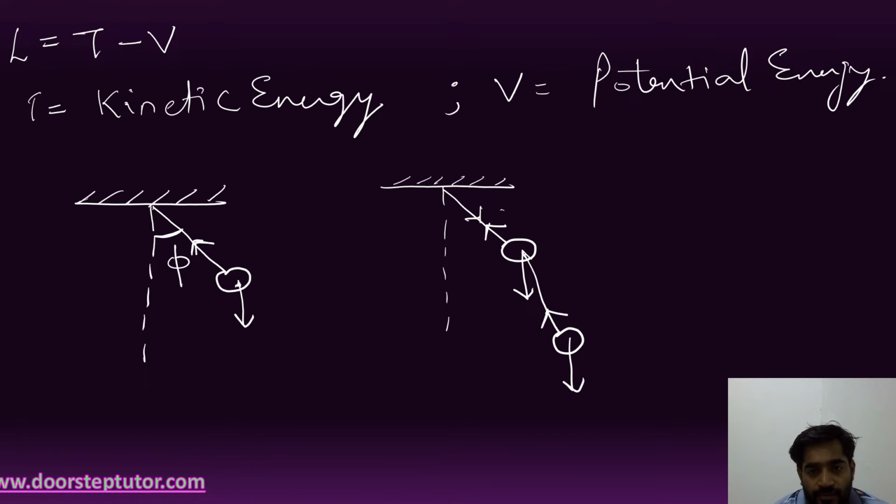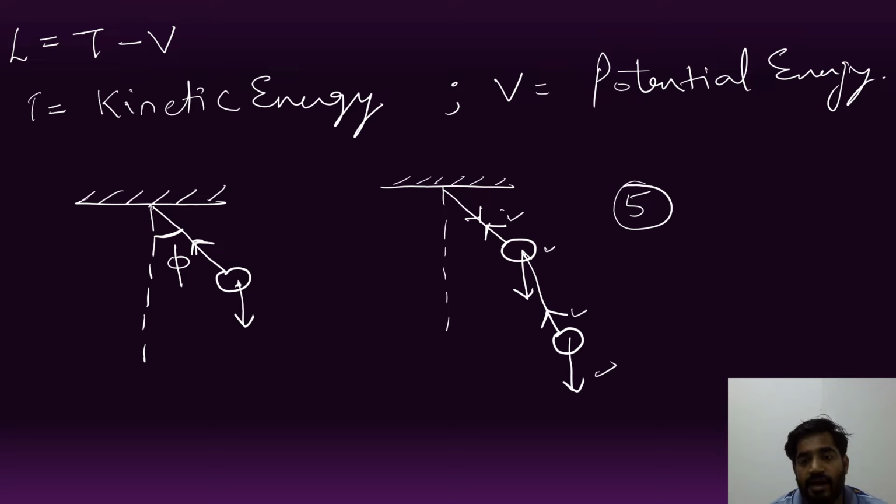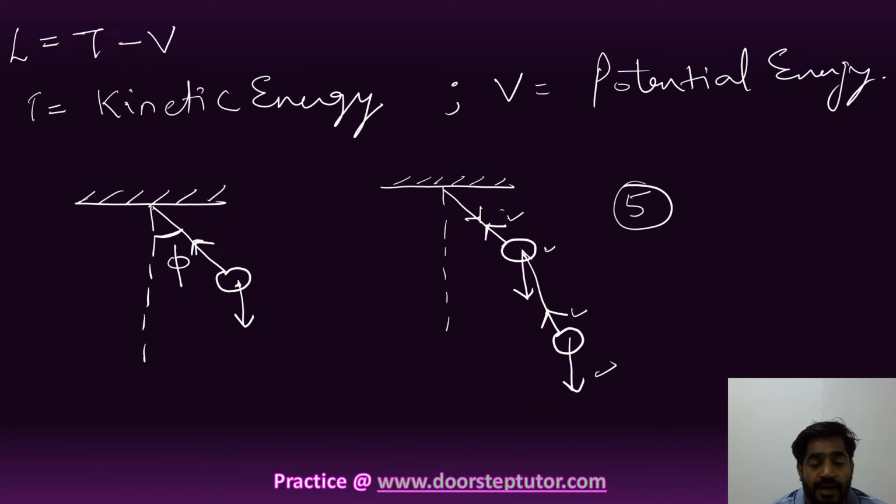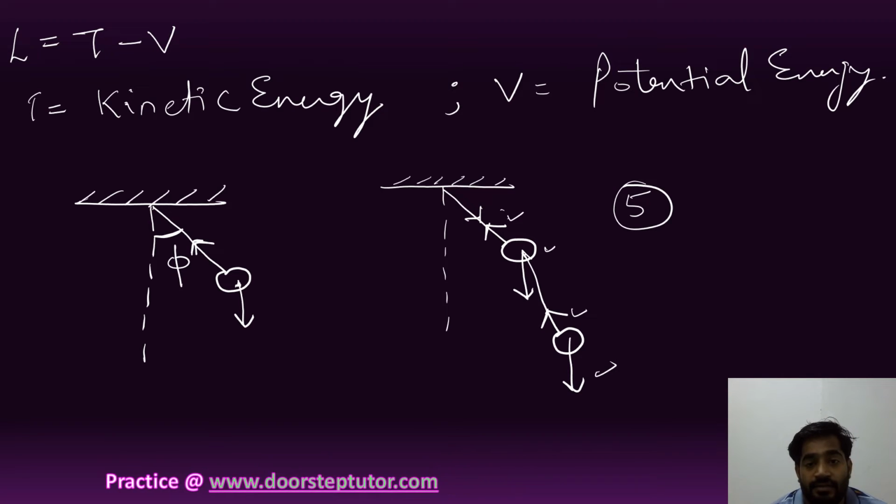So there are five different types of forces, and we have to arrange them. Newtonian mechanics works with vector quantities, but Lagrangian works with scalar quantities. Now we will see how.